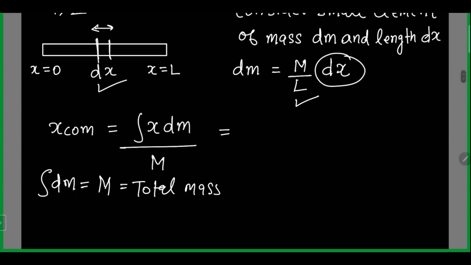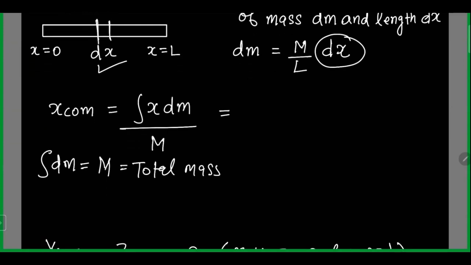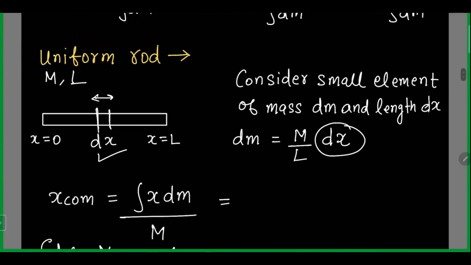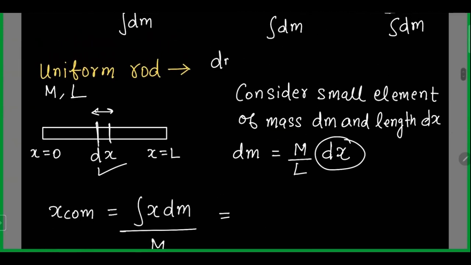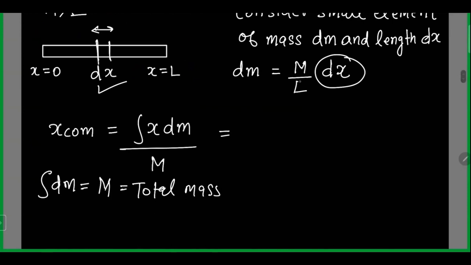So this will be your small mass dm. Remember, dm is always lambda dx, where lambda is mass per unit length. Your mass per unit length is M by L and your length is dx.